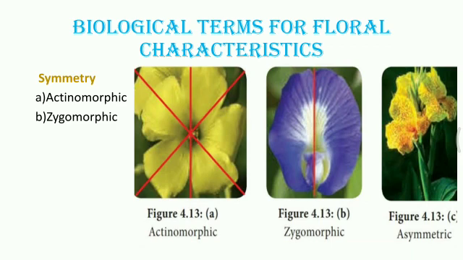The last category is asymmetrical flowers, a flower which cannot be divided into two equal halves, like most of the flowers which have continuous rows, and you cannot separate the rows properly, or you cannot count them properly. They're all fused together. Those kinds of flowers, like canna, are one of the examples.